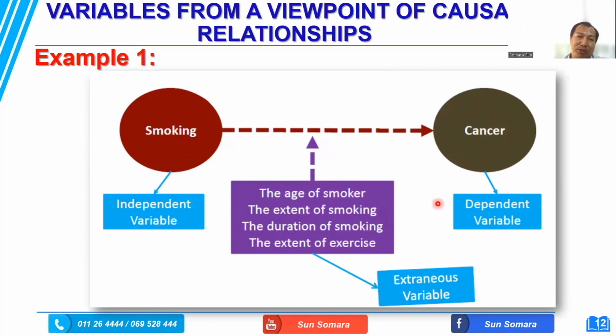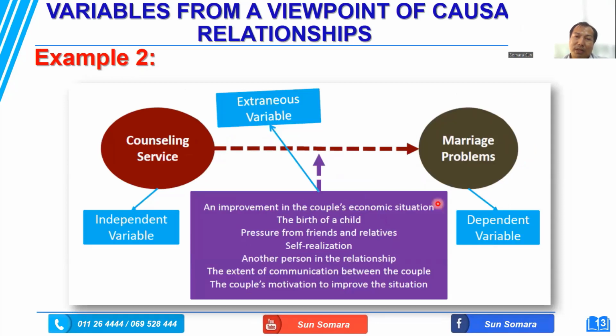You can see example number 2. Counseling service is considered an independent variable. Marriage problem can be the dependent variable. In this part you can see some factors that affect it as well, like an improvement in the couple's economic situation.